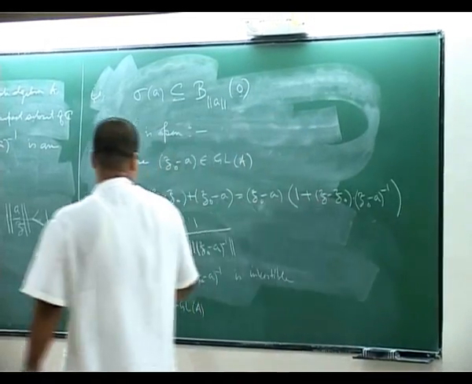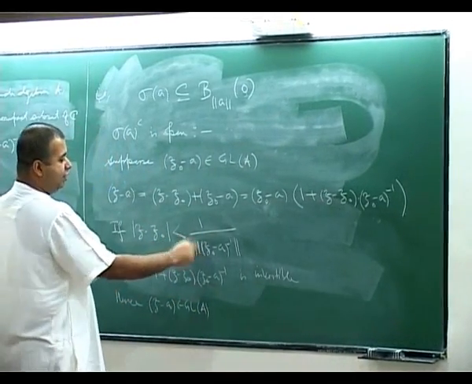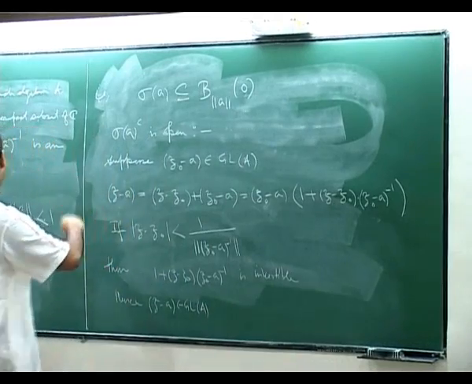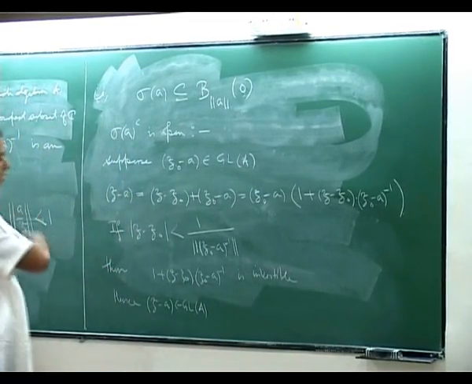That says that around z naught, if I draw a ball here, then it lies in the complement, so sigma A complement is open.